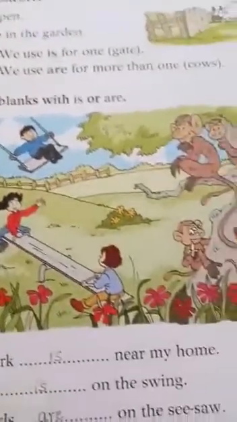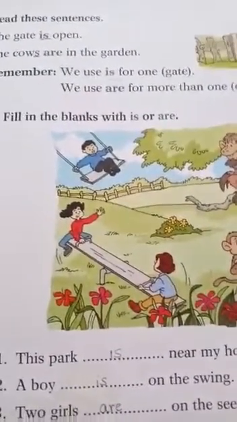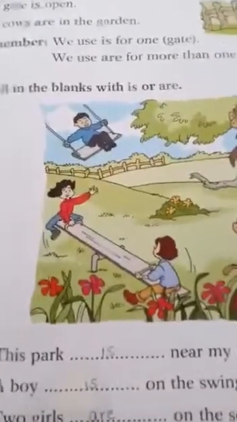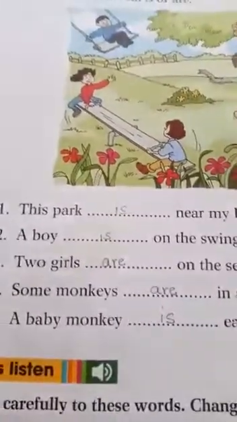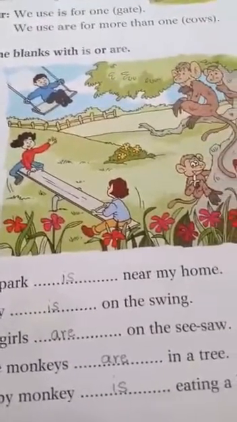Come down. See, we will do exercises, then it will be more clear to you. Fill in the blank with is or are. You have to fill these blanks with is or are. See the picture. Now, this park dash near my home.